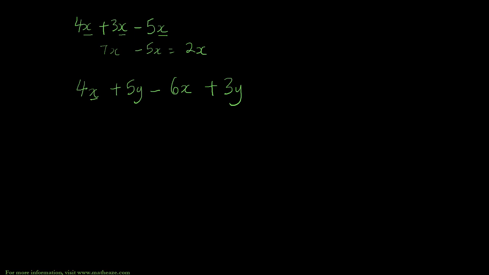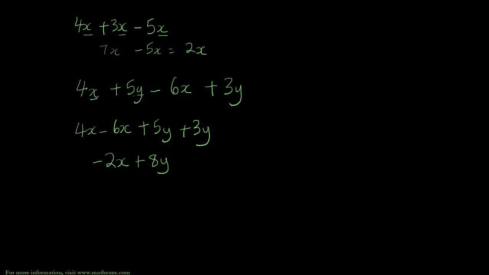So your x and y are variables. 4x minus 6x would have common variables, plus 5y plus 3y. So 4x minus 6x gives us negative 2x. 5y plus 3y gives us positive 8y. So that's how you deal with this type of problem.